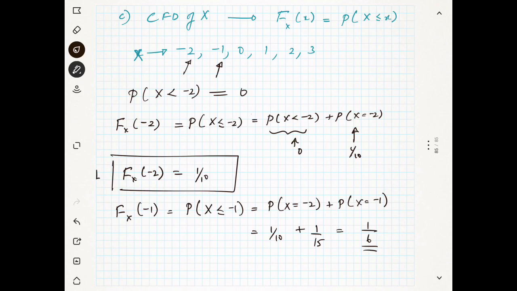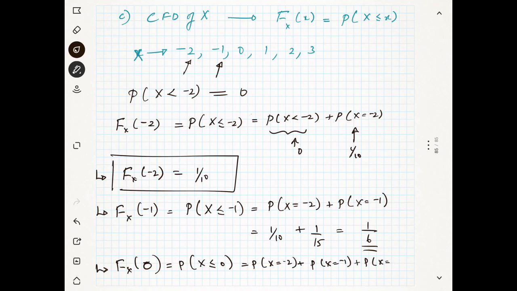Similarly, you can calculate Fx of 0, which is the probability that X is less than or equal to 0, which is nothing but the probability that X is equal to -2, plus the probability that X is equal to -1, plus the probability that X is equal to 0.